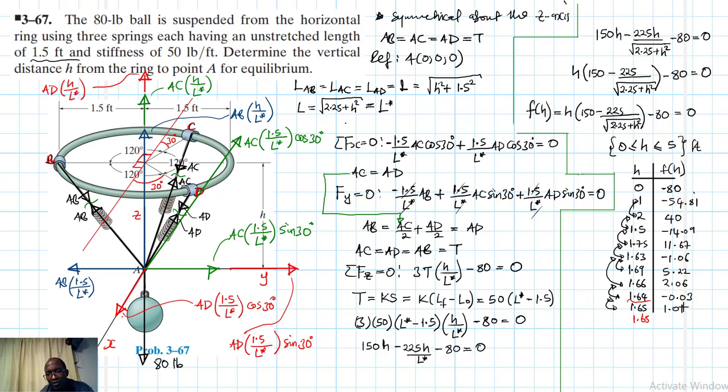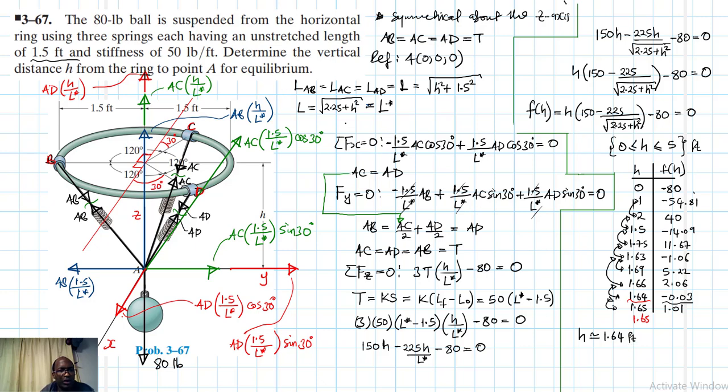This has a minimum value and the error also is small. Okay, and therefore our h is approximately equal to 1.64 feet. Great.